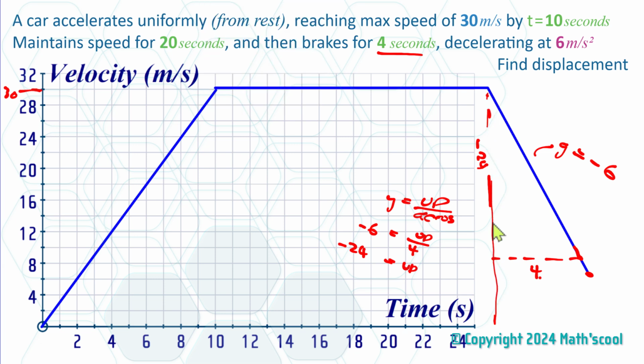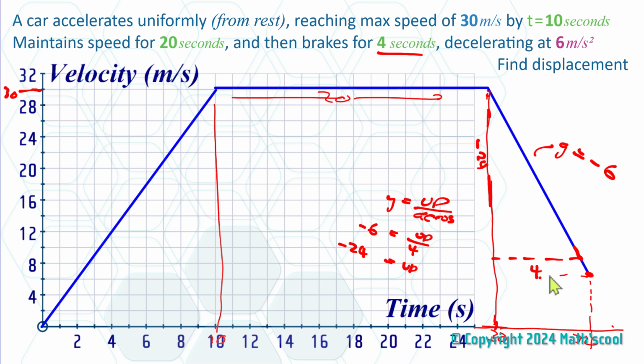So this was at 10 seconds. Then he was going at steady speed for 20 seconds. So this is 30 here. And then this point here is at 34 and that y value is 6.